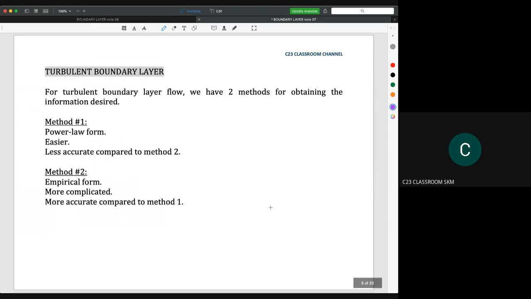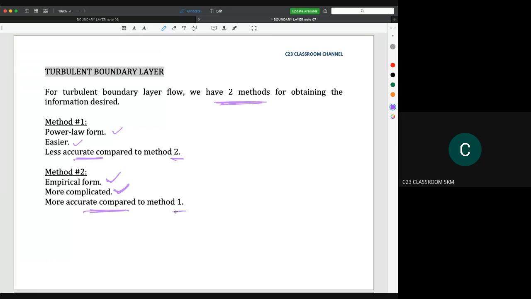For the turbulent boundary layer, we have two methods. The first method is the power law form, and it is easier, but it is less accurate compared to method number 2. Method number 2 we call the empirical form, and it is more complicated, but it is more accurate compared to method number 1.